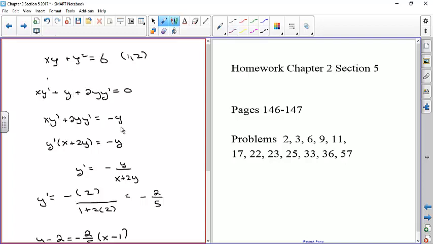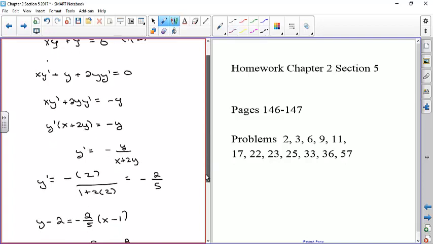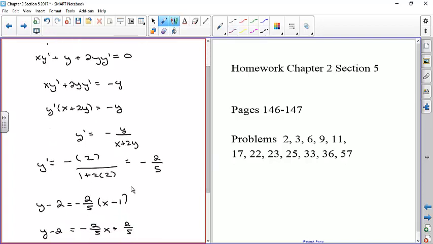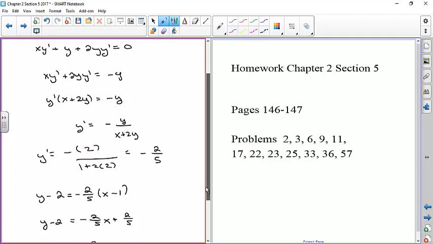So you move this to the other side, so all the terms involving y prime are on the left-hand side. Factor out y prime. Divide by this thing you factored. And that's your equation for the slope of the tangent line at any point on the curve. Then you plug in y equals 2, x equals 1 to find the value of the slope, or the derivative. So that's the slope of the tangent line.